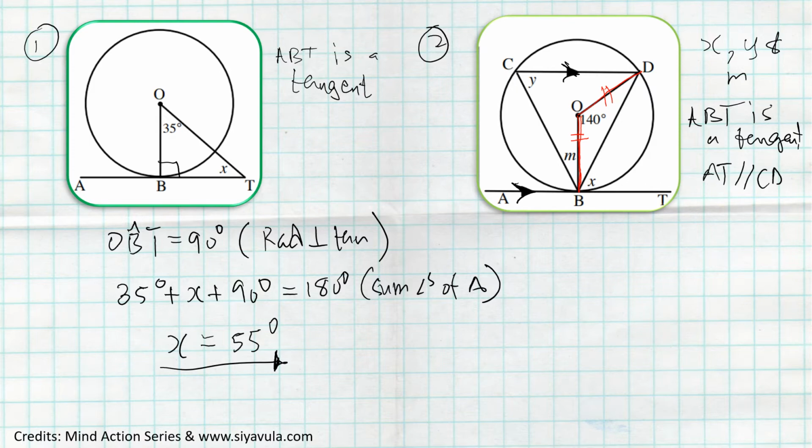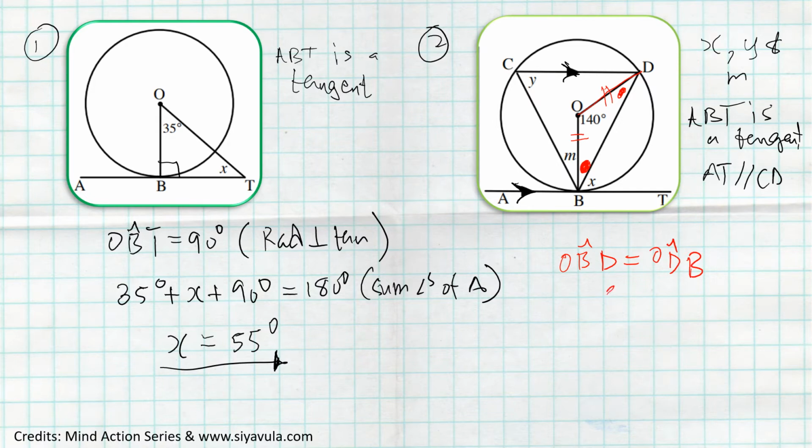We said all radii are equal, meaning that this one is equal to this, meaning that this angle here is the same as that angle, right? We can solve for that angle. I can use the alphabet as given to say angle OBD, this angle there, is equal to angle ODB.